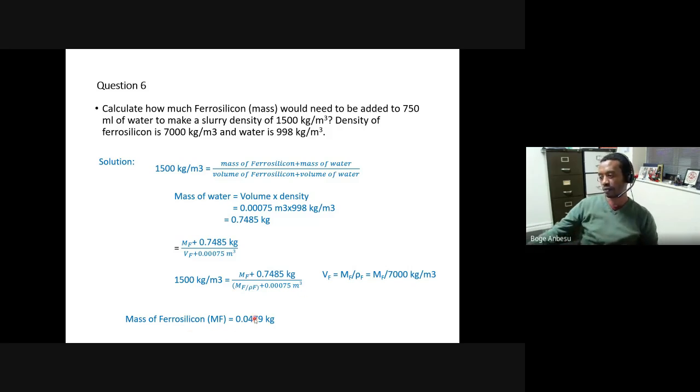So in other words, if you took 0.0479 kilograms of ferrosilicon and mixed that with 750 mil of water, you will get a slurry that is 1,500 kilogram per meter cube. So that's the density of that slurry. And obviously, as you can see, this slurry is denser than water.